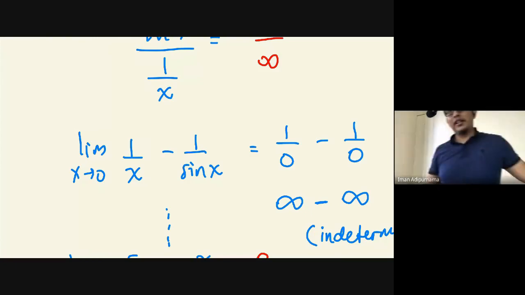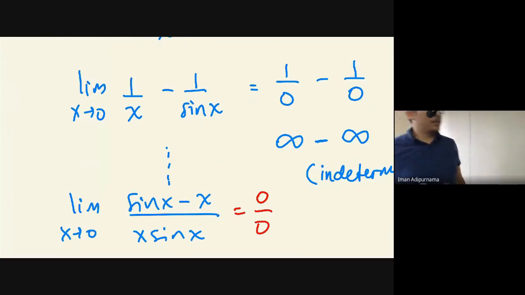It's also indeterminate form. So how are we going to do it? Multiply by x sine x, rewrite this form, and check it. It's 0 over 0, so you can use the L'Hopital rule on this function.